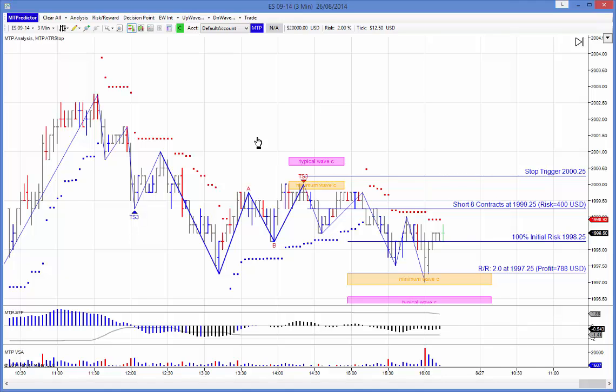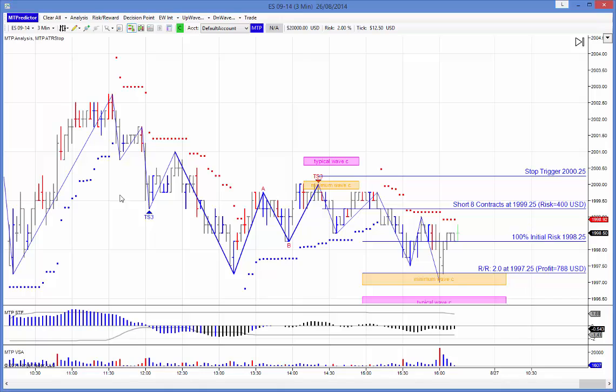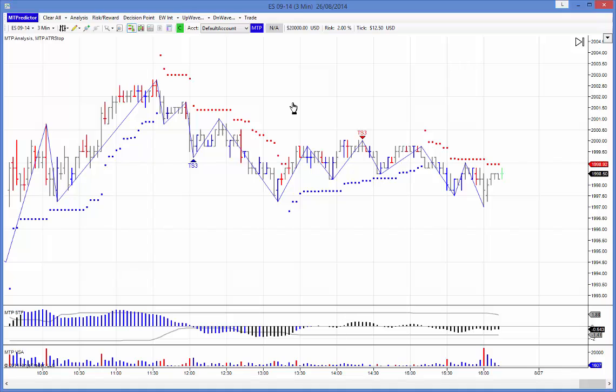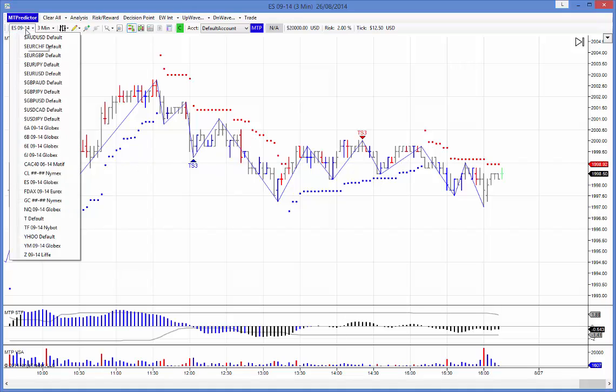So this is a good example of how position sizing keeps your losses small. The first loss was -1 R, the second profit was +2 R. In other words, you made +1 R profit overall, even though you had one profit and one loser. This is the great advantage of using correct position sizing. It means you don't have to have a high percentage of winning trades to make money overall.